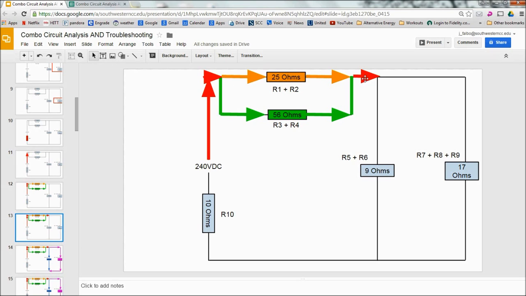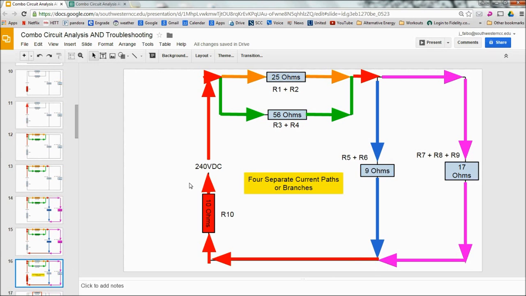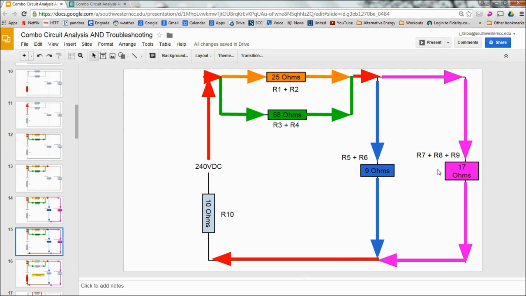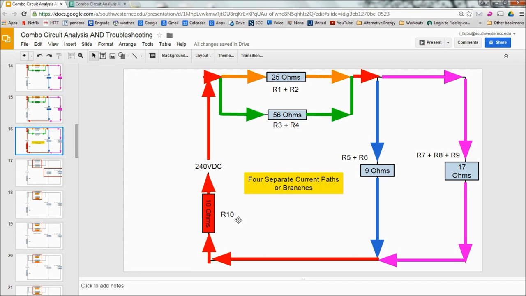So we can see here we've got a feeder current or total current. It's about to split off again, and I've used color codes, magenta and light blue, to show those two currents splitting off and then combining back here again. So we can say that these two loads are in parallel because the feeder current split and then recombined right here. So this is our total circuit current in red, and that's what's going through our 10 ohm or R10.